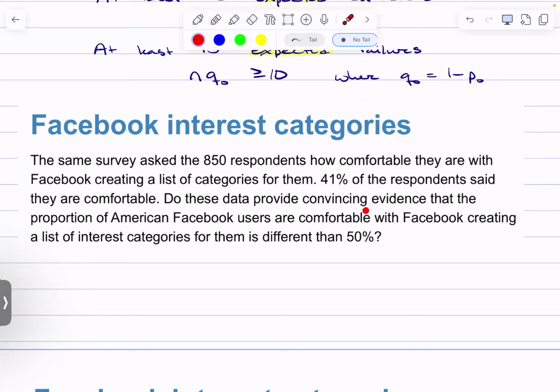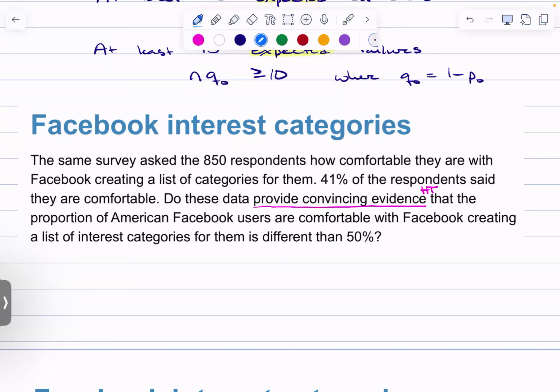Do these data provide convincing evidence? Now, again, we've seen this, or I highlighted it before, but this is a clue that I have to do a full hypothesis test: that the proportion of American Facebook users who are comfortable with Facebook creating a list of interest categories for them is different than 50%.